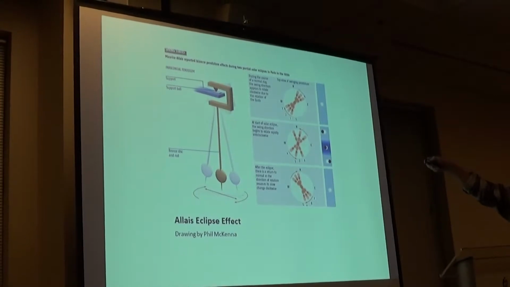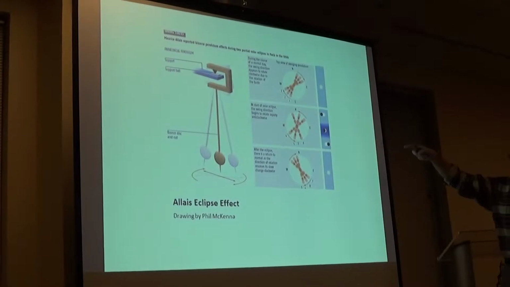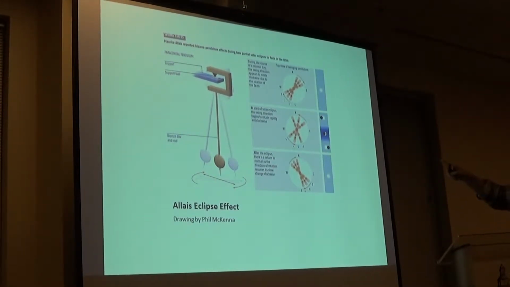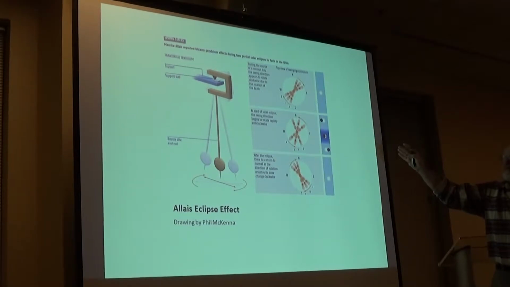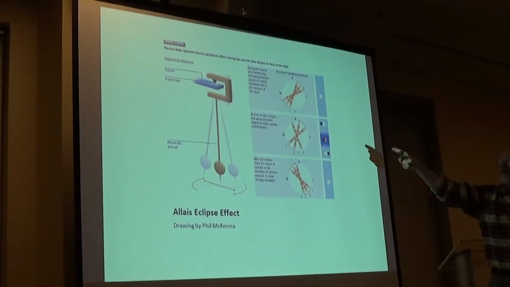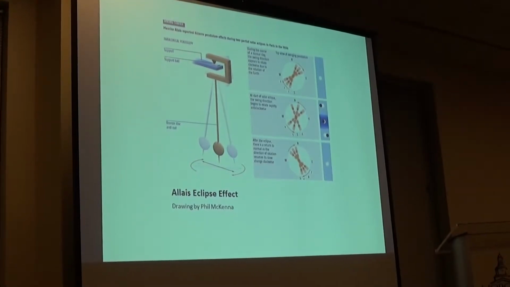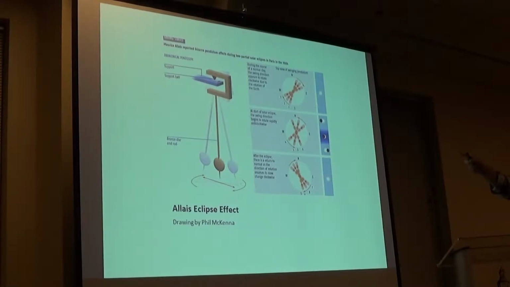Normally, a pendulum should precess clockwise. What many researchers say they found is that prior to an eclipse, you get an anomalous precession, or a decrease in the clockwise precession.